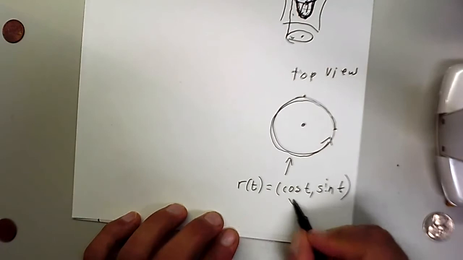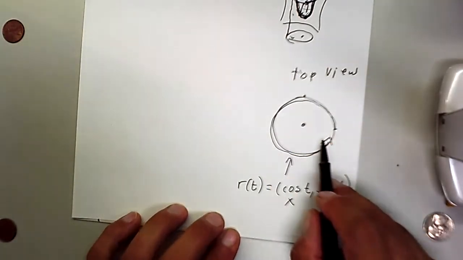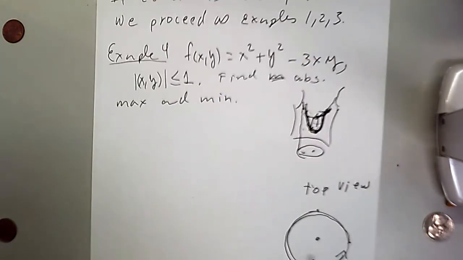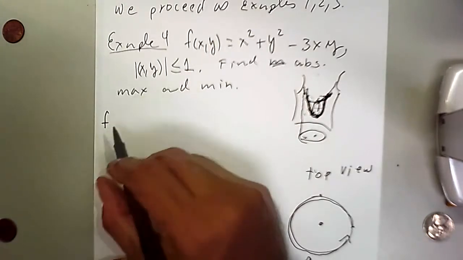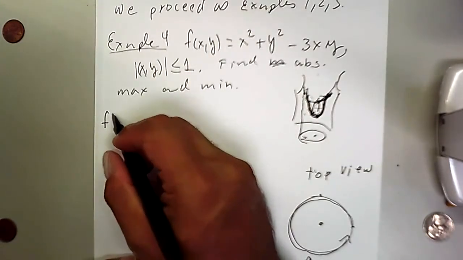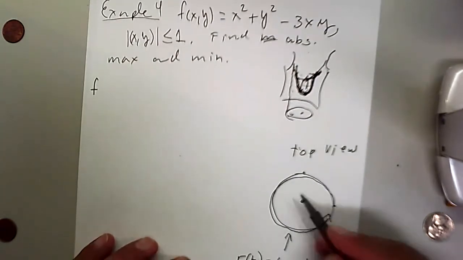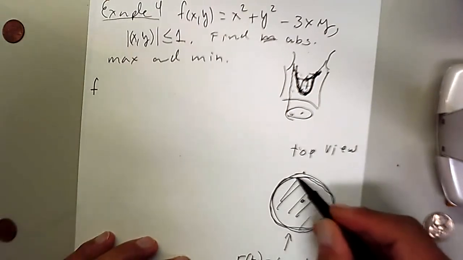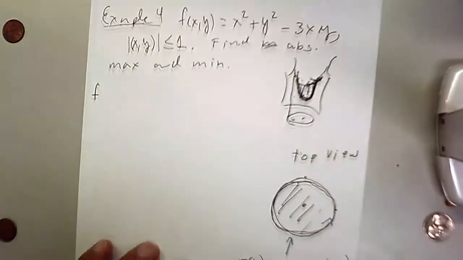So this is going to be our x and our y on the border of the domain. And we're going to plug that into our function. So f of x, y on the border. I'm not going to worry about the inside of this. I'm just going to worry about the border because I know the maximum or minimum will be at the border.